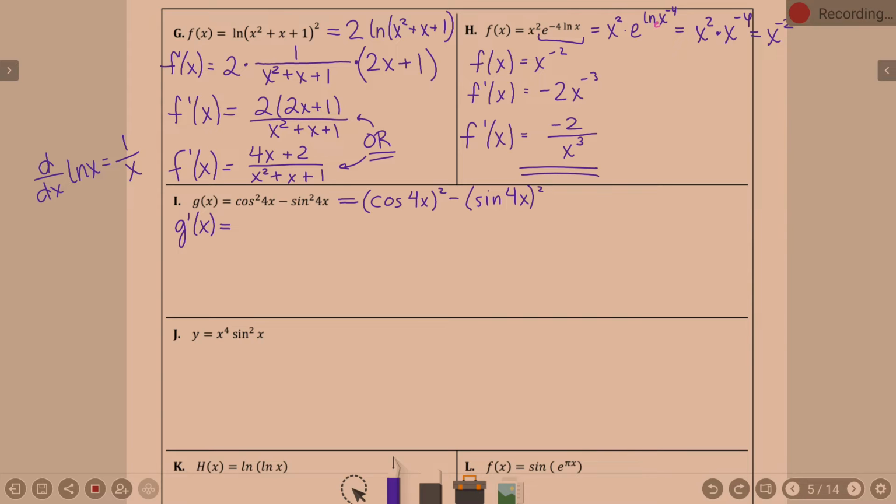How do we take the derivative of something raised to the second power? 2 out front, cosine of 4x, now raised to the power of 1, which I'm not going to write out. Now, that's the outside, which was something raised to the power of 2. Do we just stop at cosine?